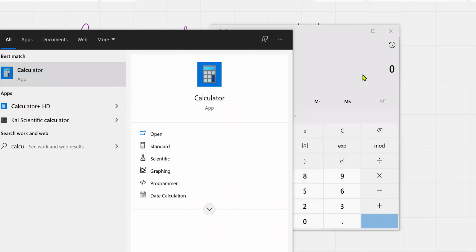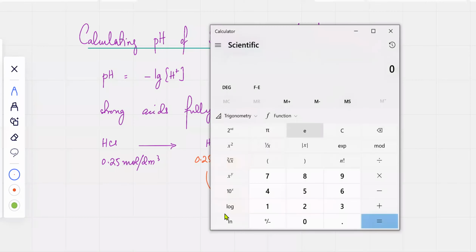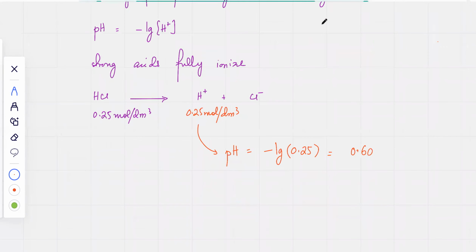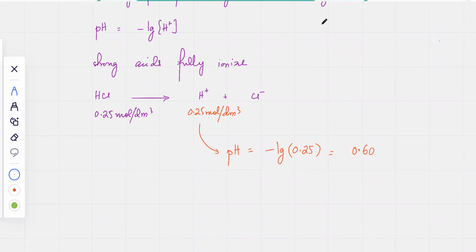Negative log 0.25 is 0.6, up to two significant figures, 0.60. That's your pH. So it's not that difficult calculating the pH of strong acids. You can simply directly calculate any pH. There's no issue with that.